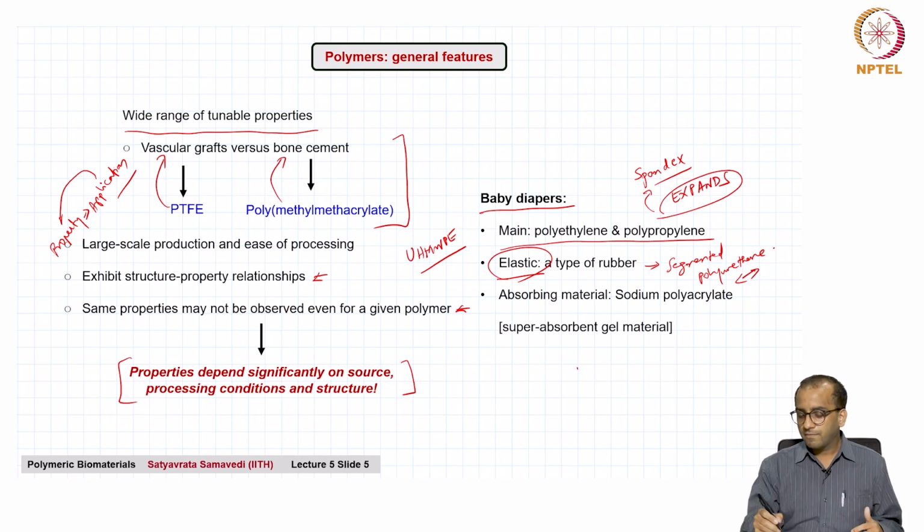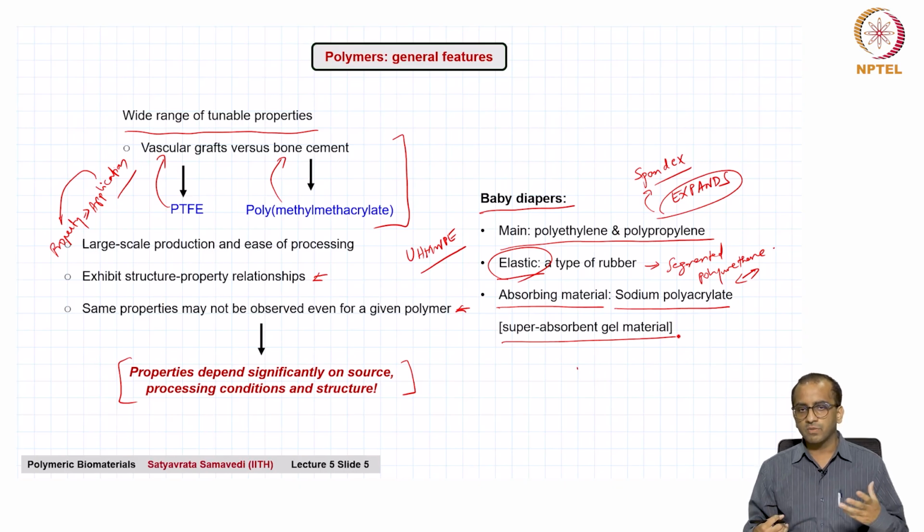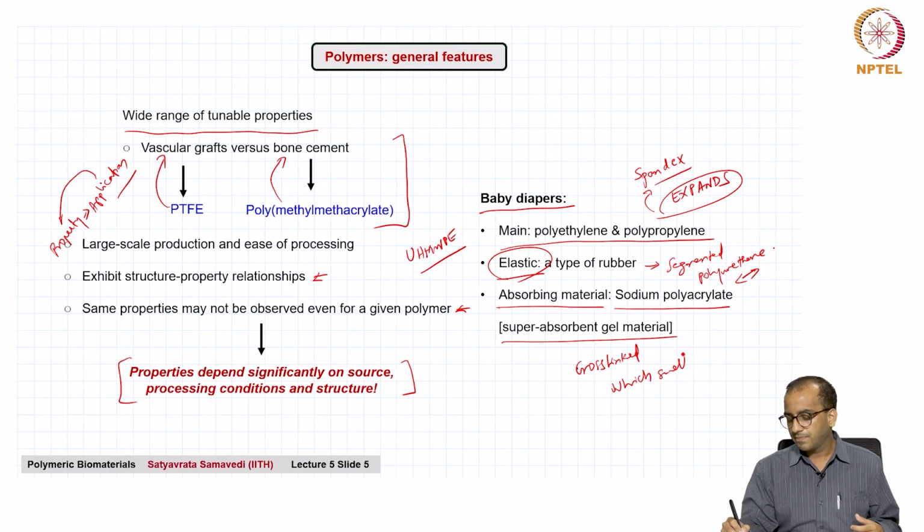You also have an absorbing material which is sodium polyacrylate. Now, the sodium polyacrylate is a super absorbent gel material which is used in the diaper to absorb the secretions of the baby, and what is interesting about this is it is a cross-linked polymer which swells in water.